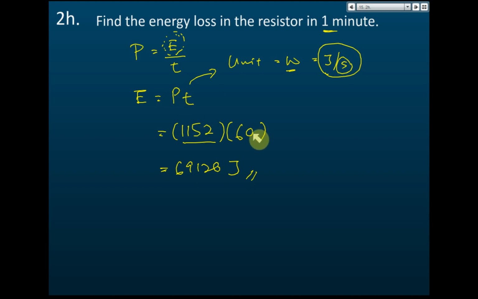The units that we use must be consistent. So if we use watt, then the time must be in second, not in minutes. If you're not sure, then you always use the SI unit. The SI unit of time is second. So if you don't know which one to use, always use SI units, then it won't be wrong.